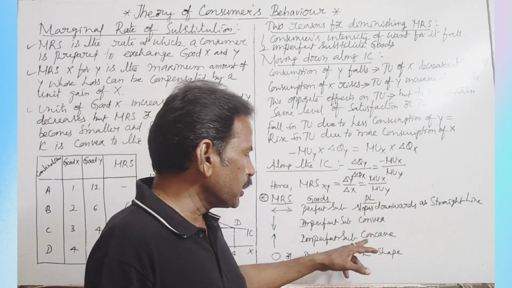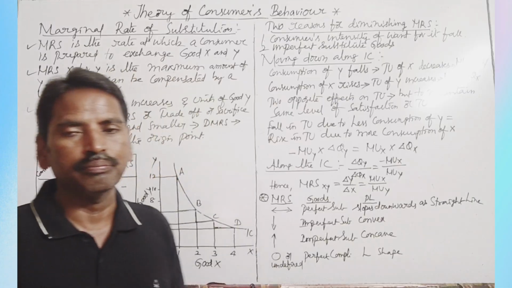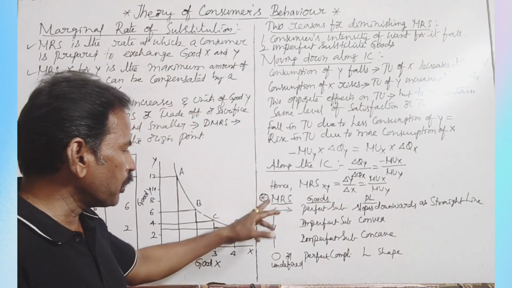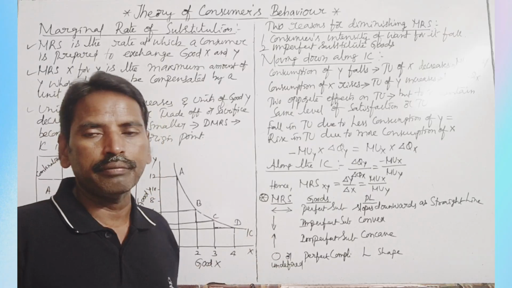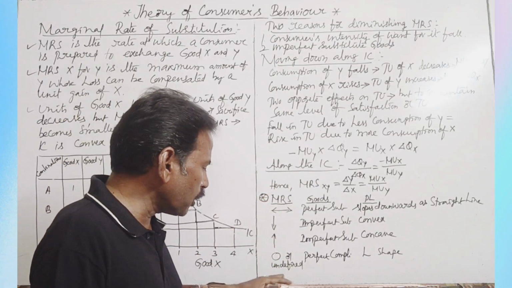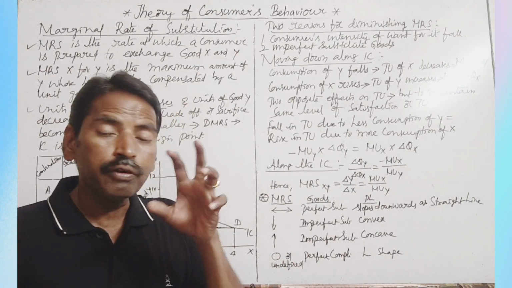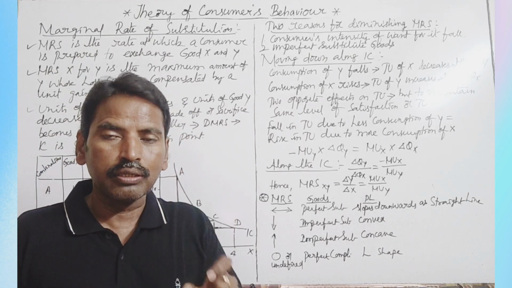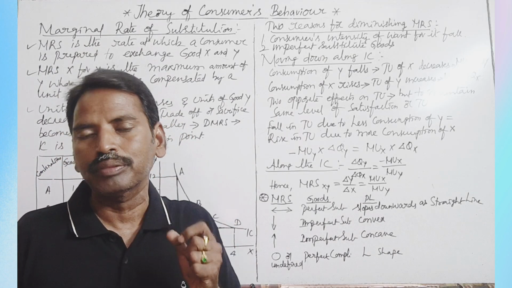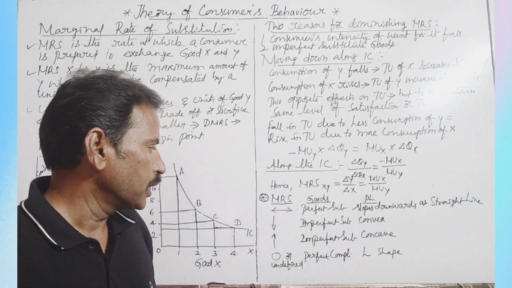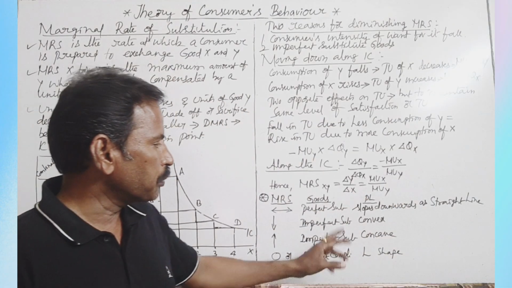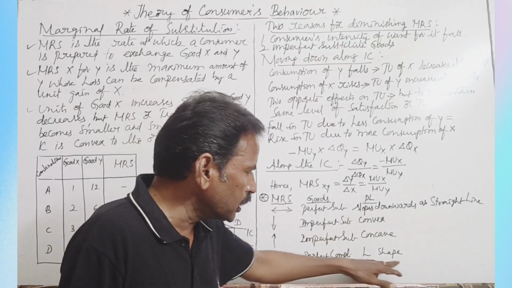The shape is concave to the origin. And the last one, MRS is 0 or undefined. Examples are perfect complements, such as footwear or earrings. The shape is L shape.